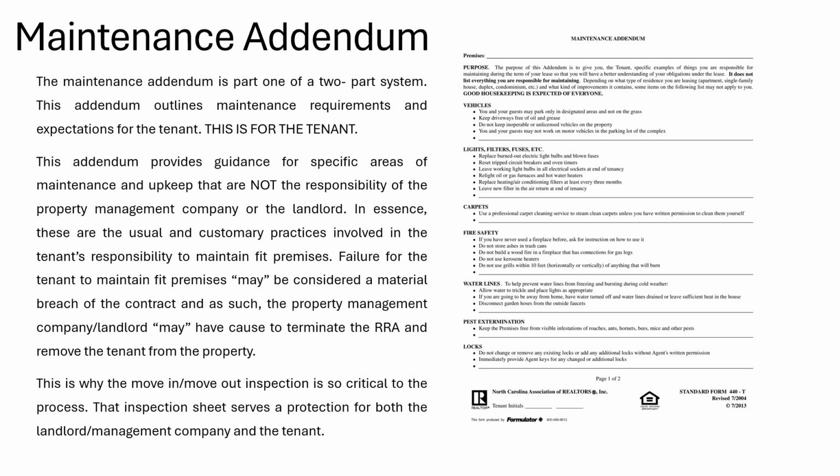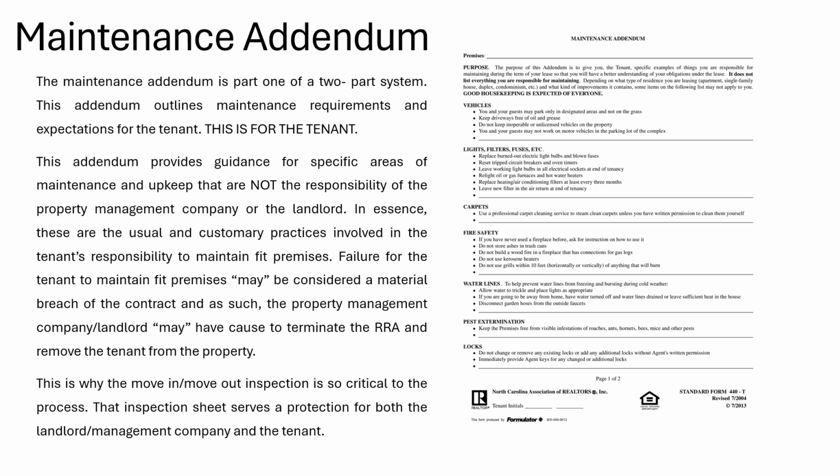Okay, this is why the move-in, move-out inspection is so critical, because if something is in dire state when you move in, you are not obligated to try and keep it up. If it is in a dire state, if it is a danger, that is something that should have been corrected before you moved in.